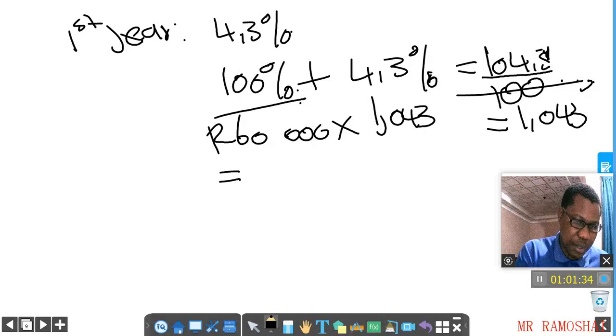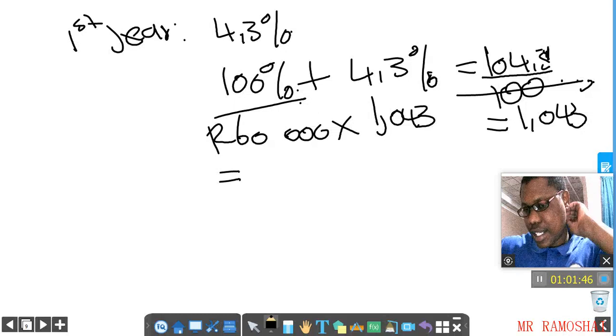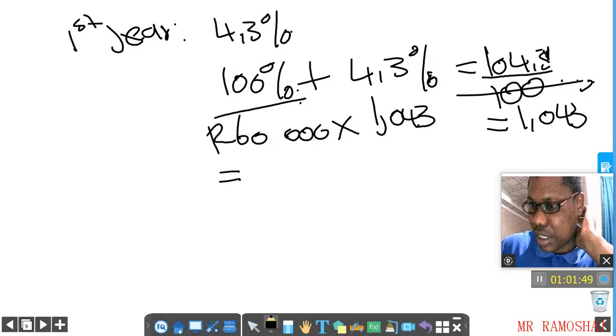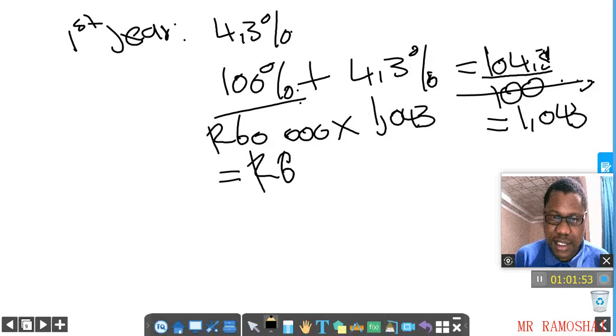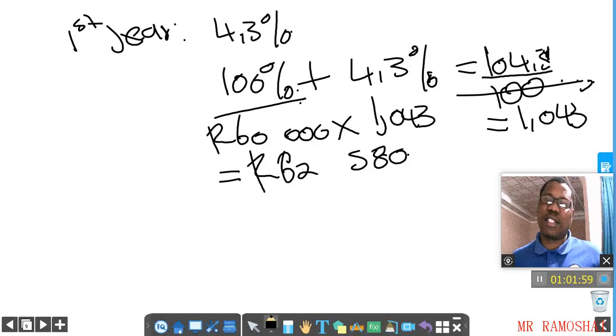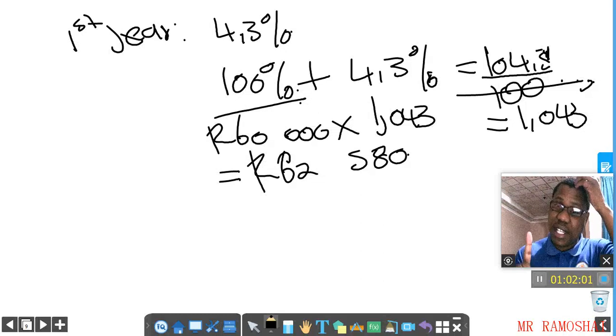Then the answer is 60,000 multiplied by 1.043. Her investment now is going to be 62,580. This is what she's going to get after 1 year.